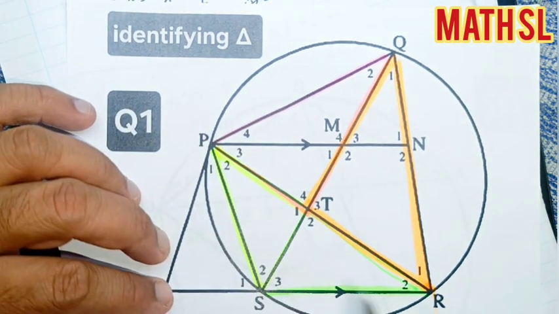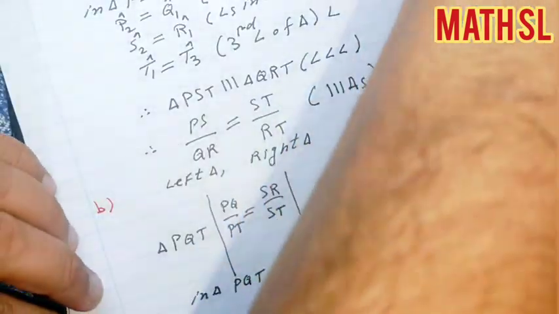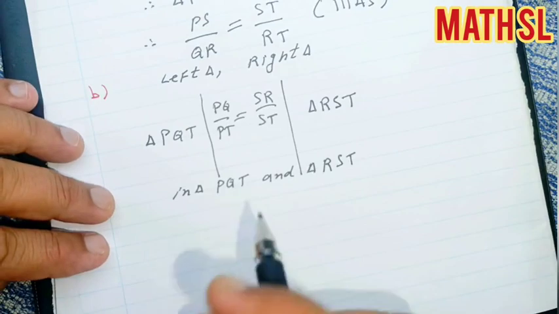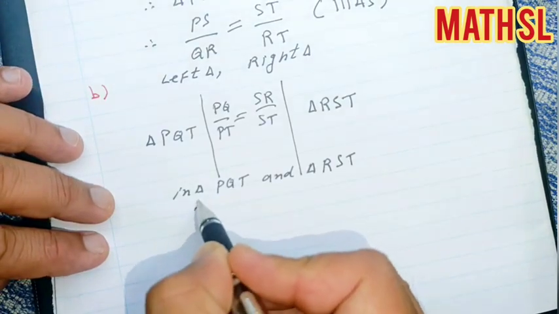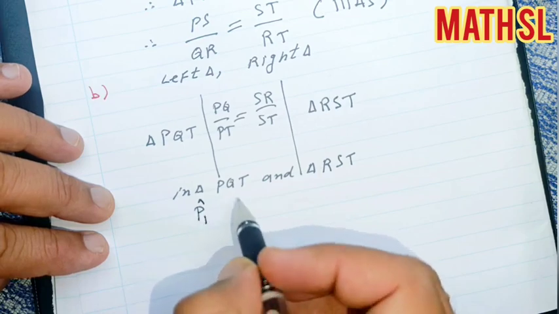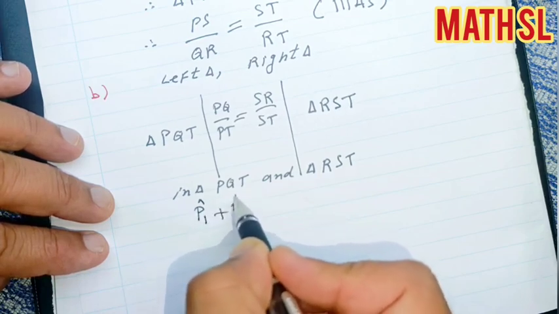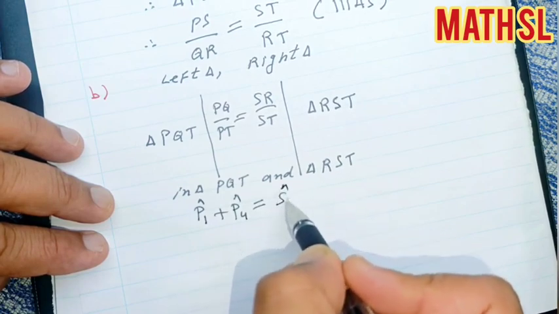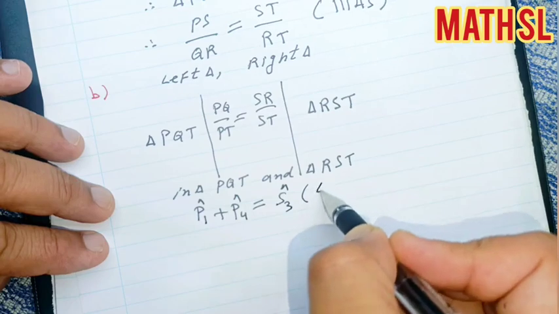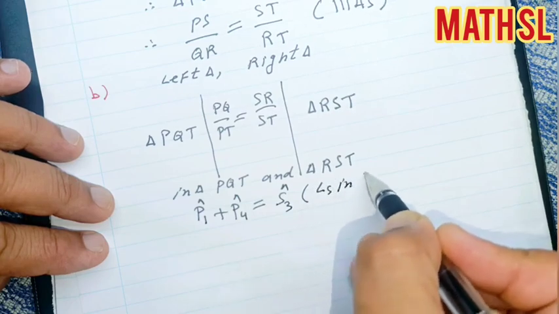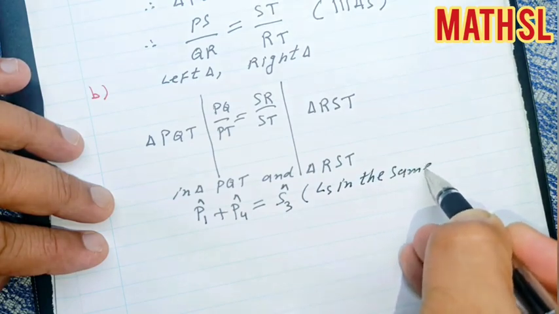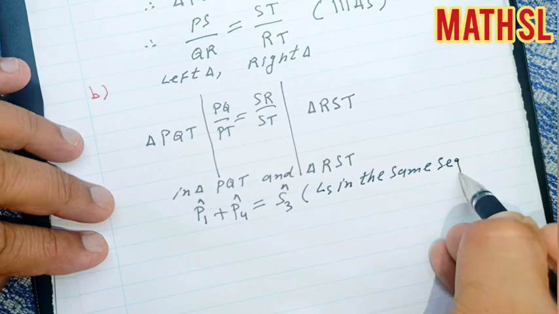Now, we say angle P3 plus angle P4 is equal to angle S3. The reason is angles in the same segment.